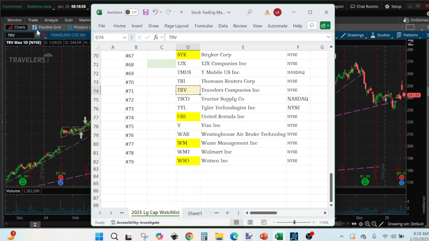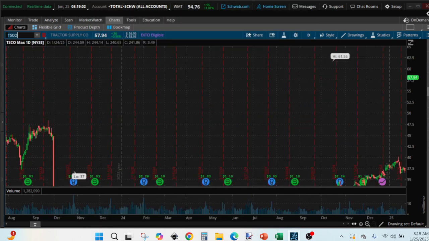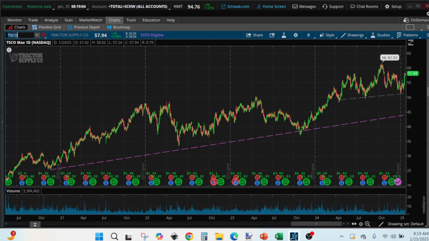The next one is TSCO. At least we might earn some dividend, depending on when you had it in the portfolio. You have to have it in the portfolio for some time before a dividend payment will take effect. In fact, that one was earnings.